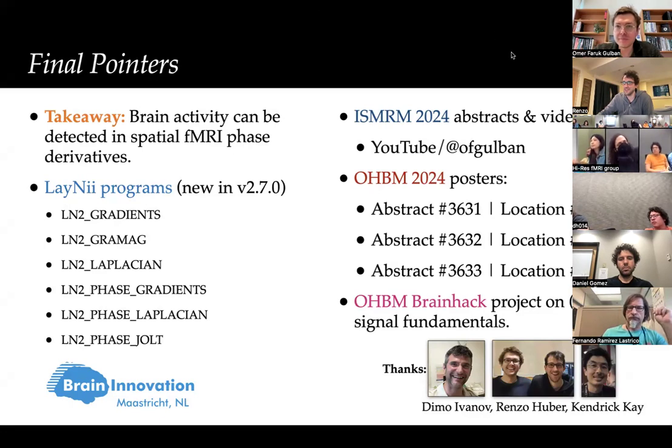I guess my comment would be, as you know, people generally are shy about doing fMRI with phase because it's so vulnerable to physiological noise. But I like this idea of taking spatial derivatives, because insofar as this noise is spatially smooth, I think the derivatives can help to get rid of that.